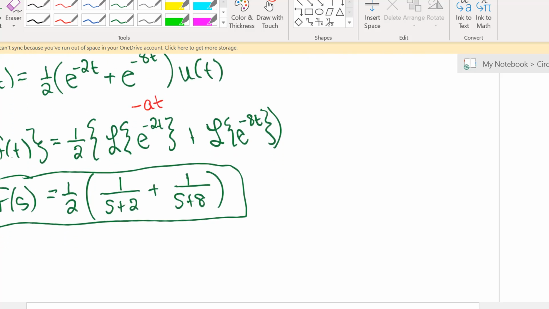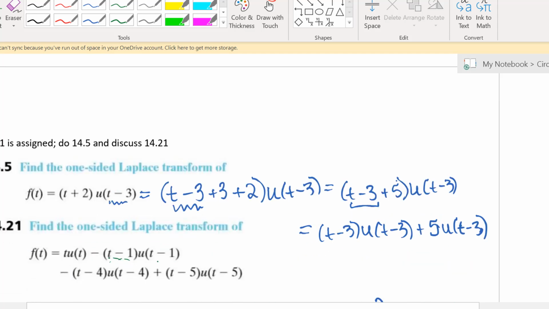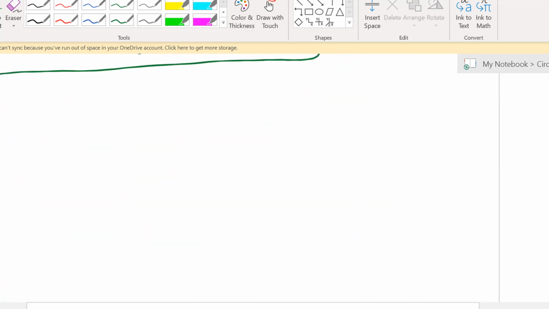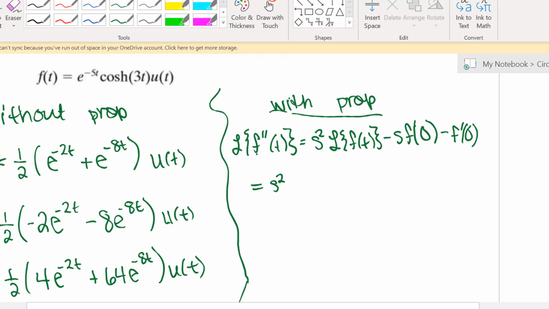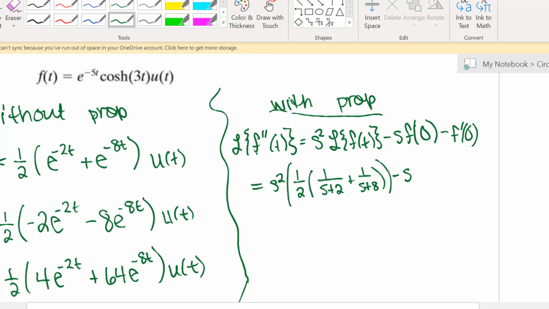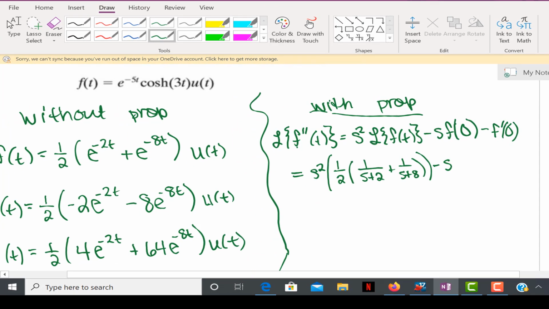So it was this, 1/2 times 1 over s plus 2 plus 1 over s plus 8. Minus s times the original function evaluated at 0.